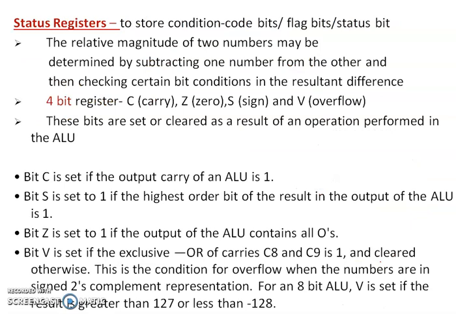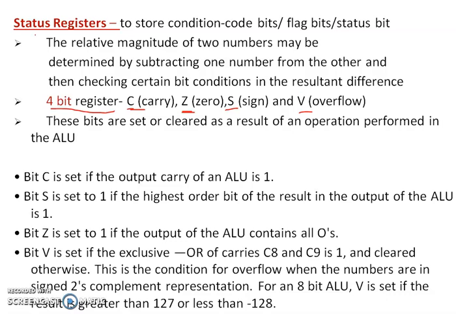Next is the status register. We have learned about the status register in the first module. It has four bits: carry, zero, sign, and overflow. It is a 4-bit register, where C indicates carry, Z indicates zero, S indicates sign, and V indicates overflow.